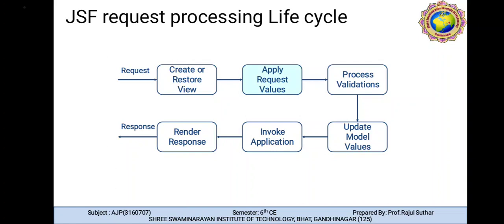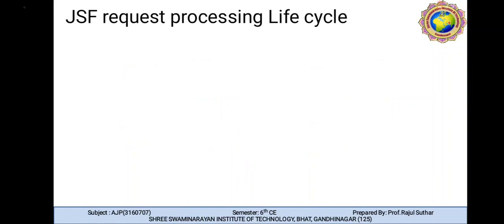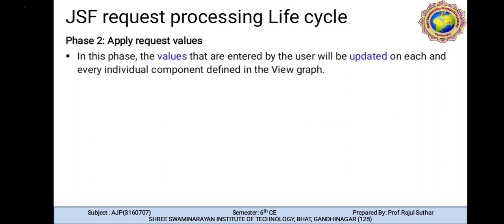Then second is apply request value. So what is the use of apply request value? After the component tree is restored, each component in the tree extracts the new value. So in the second phase, the new value will appear. In this phase, values that are entered by the user will be updated on each and every individual component defined in the view graph.